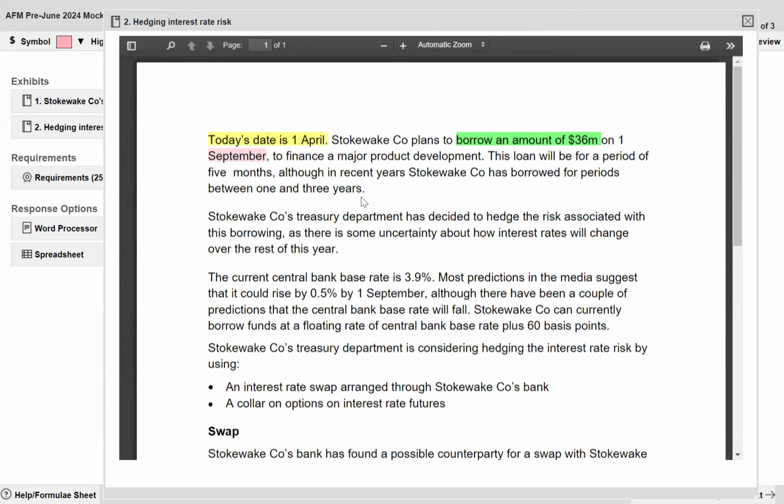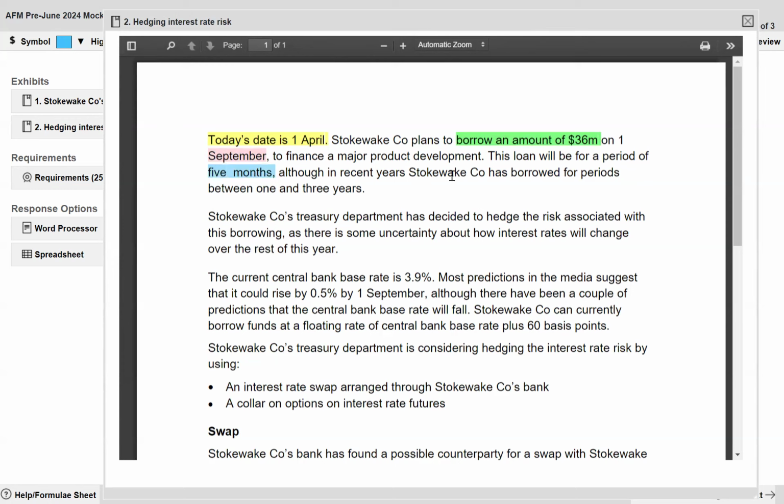We don't know for how long the borrowing should be, but at least we know we are starting it in 5 months' time. So the loan will be for another 5 months. We borrow it in the next 5 months and we pay it after another 5 months. So that's 10 months from now.